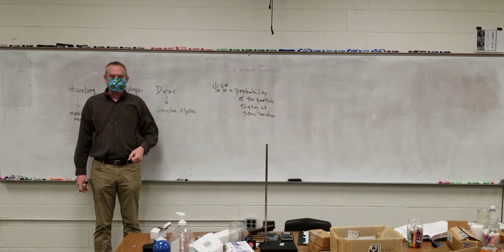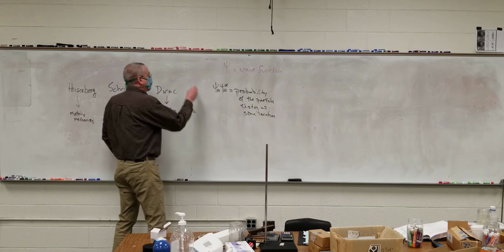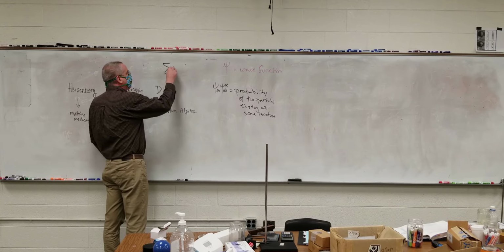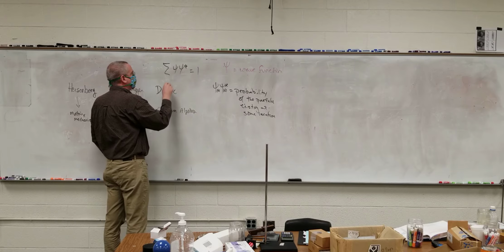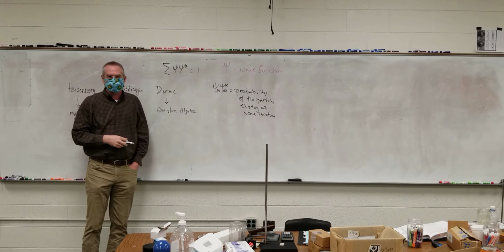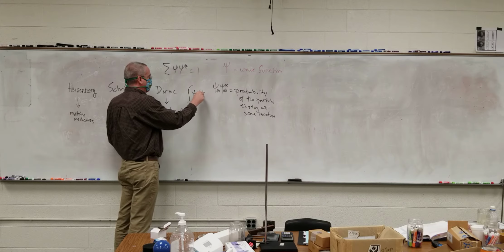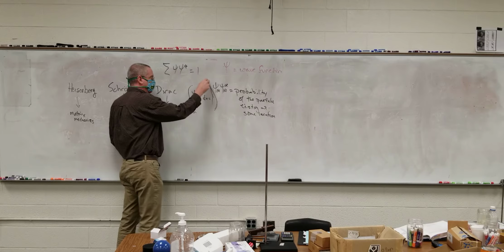Yeah, because the probability of the particle existing somewhere should be 1. So for all locations, or of course we can do this with calculus, the integral over x or whatever you're using is equal to 1.